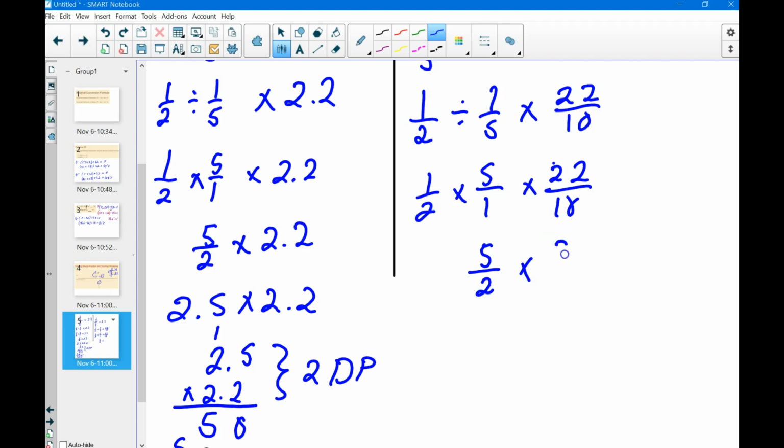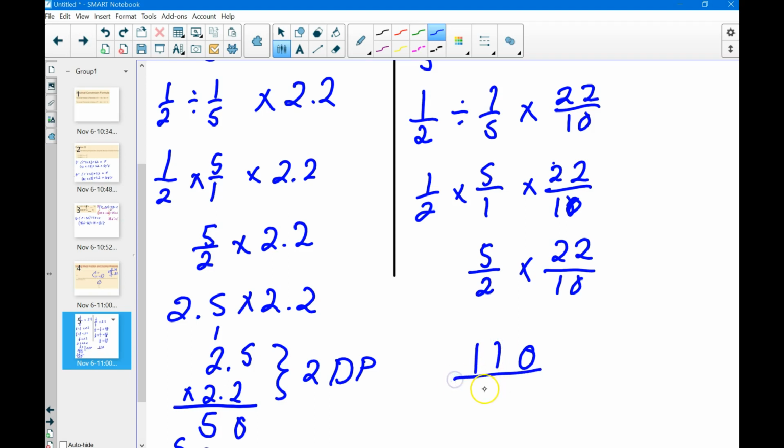times 22 over 10. And now it's basically just multiplying fractions. So 5 times 22: 2 5s are 10, 110.